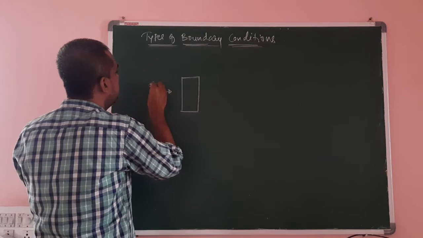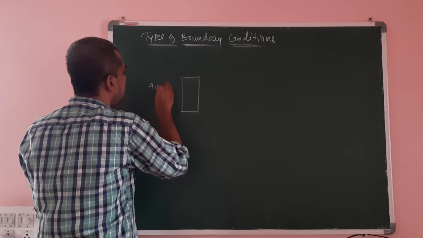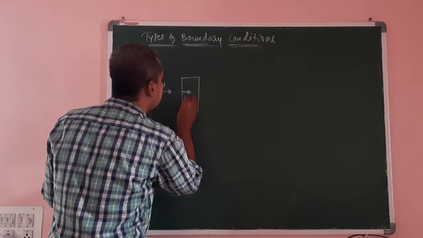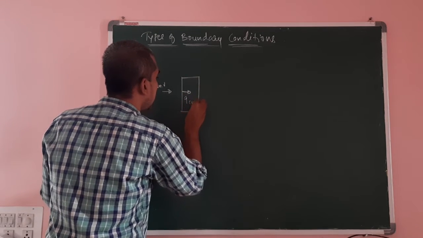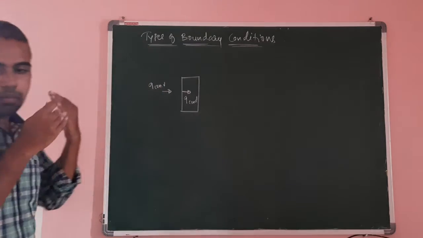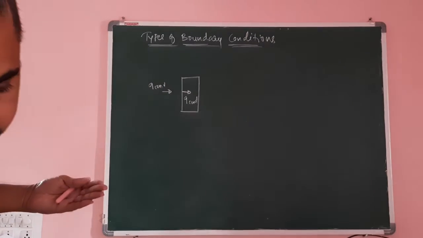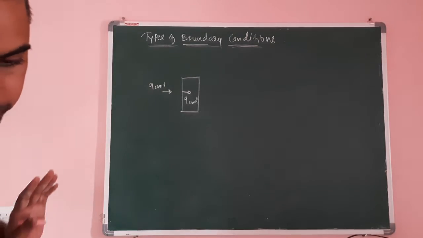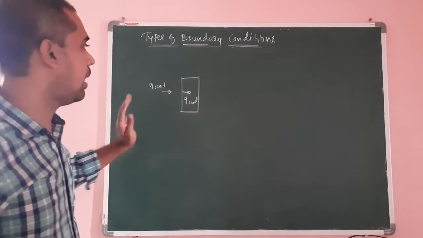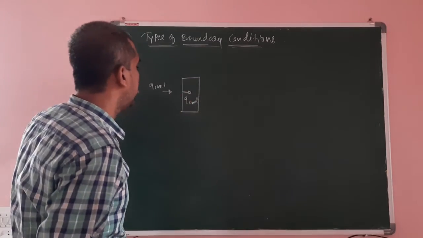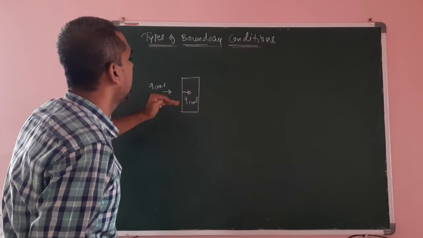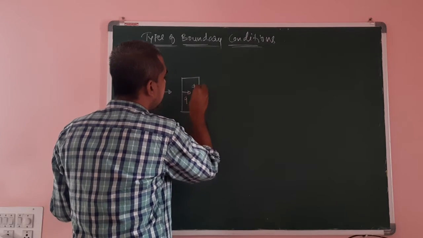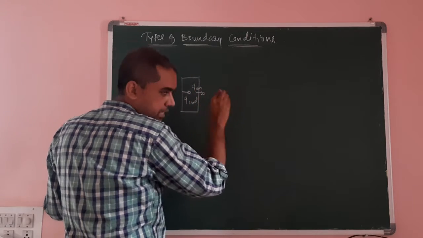If some amount of heat is convected, the same amount of heat is conducted. That is, the amount of heat that is convected is equal to the amount of heat that is conducted. We can apply a boundary condition like this: whatever amount of heat is conducted, it is convected.